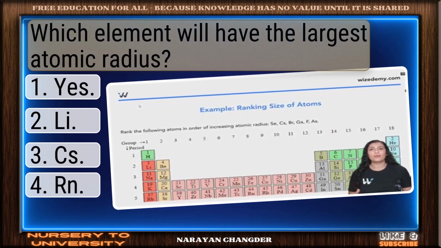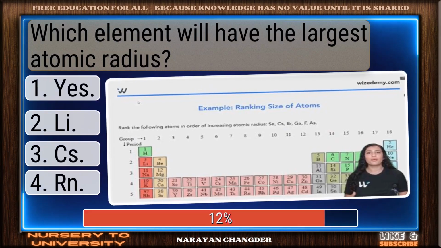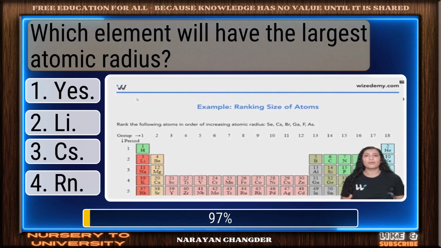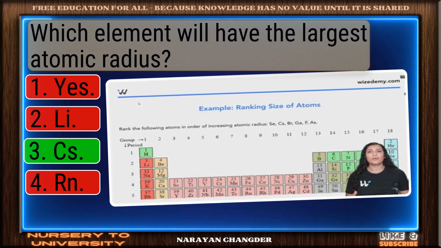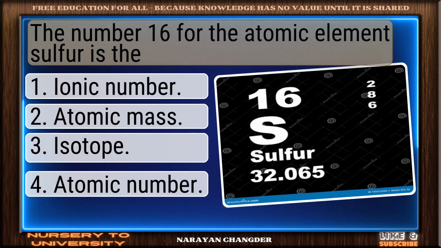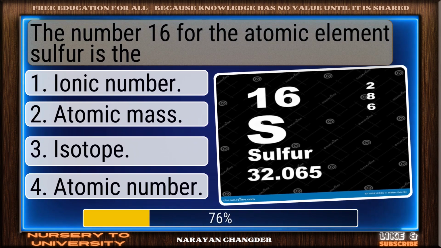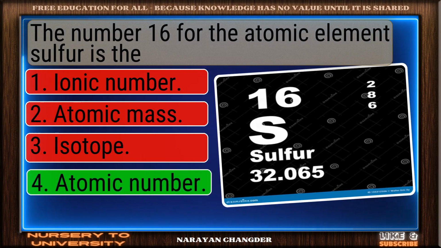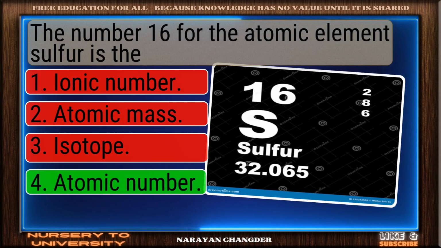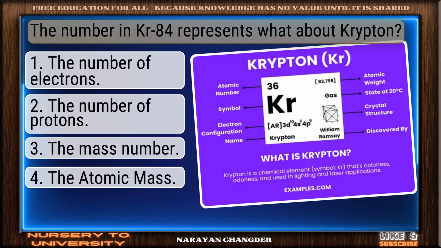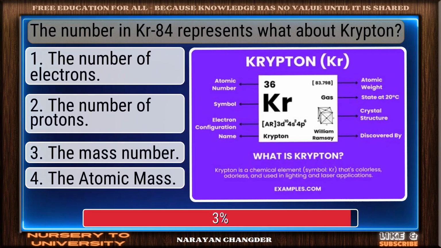Which element will have the largest atomic radius? Clear logic. Your choice C is sound. The number 16 for the atomic element sulfur is the. You chose atomic number, and it is correct. The number in krypton 84 represents what about krypton?